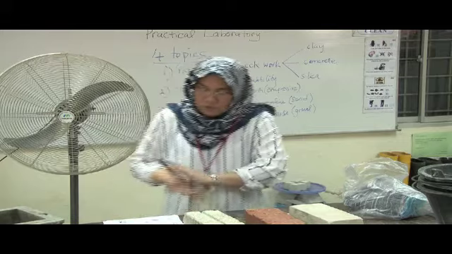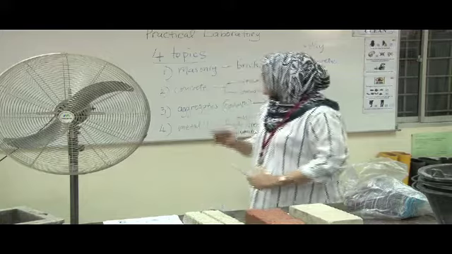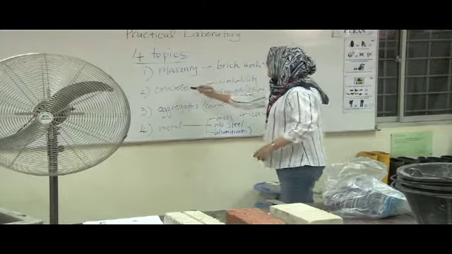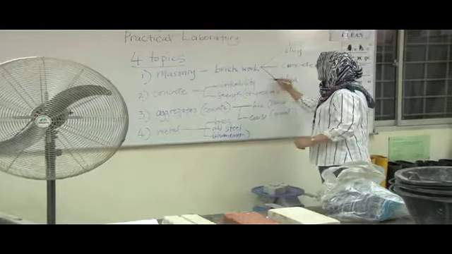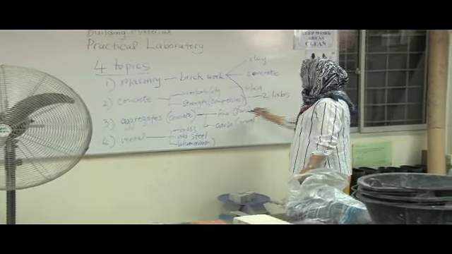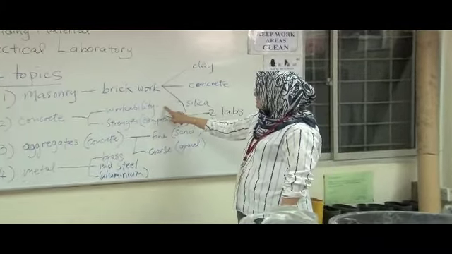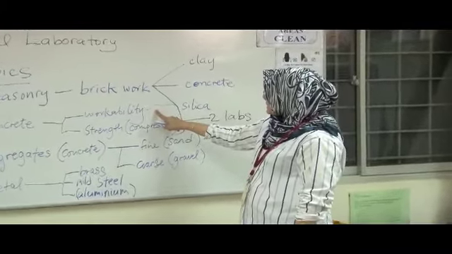Out of these 4 topics, we'll have 2 laboratory sessions for the concrete. For concrete work, we'll have 2 labs. First we'll do the slump test here to look at the workability.